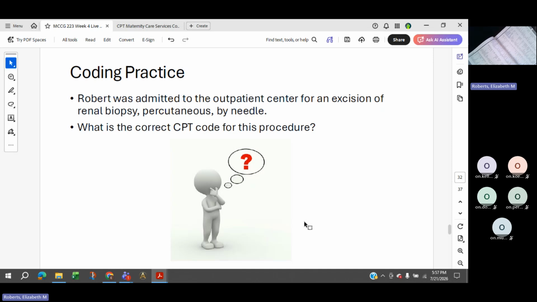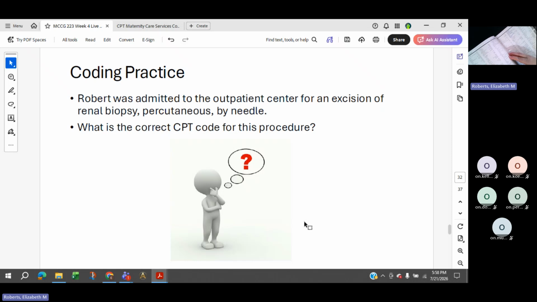Has anybody found it in the index? And what did you look up? Or if you haven't, just put a question mark in the chat. I'm with you guys. I'm with you ladies.